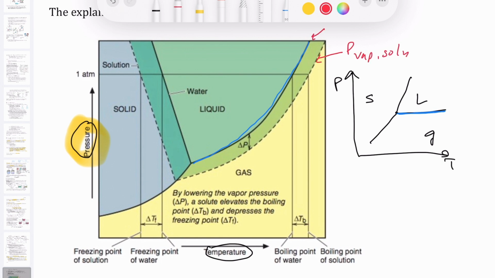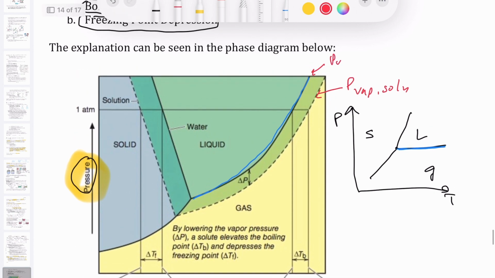The blue line there is the vapor pressure of the pure solvent. Now look at what happens when the vapor pressure decreases for the solution. It intersects with this line, which is the solid-gas equilibrium, at this point. And then if you extend, with the same slope, the solid-liquid equilibrium line, you get this other dotted line.